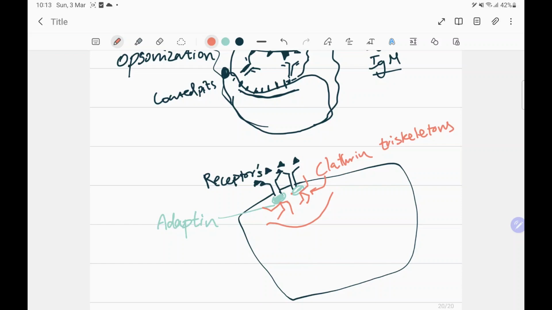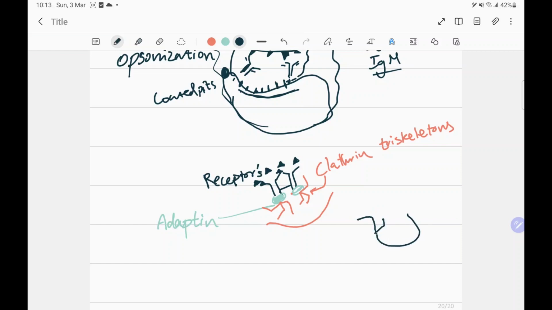So the clathrin-coated pit is formed with the help of the adaptin that's linking and bringing everybody together, and this clathrin is going to pull this membrane inwards and inwards, like a bag with a portion of it just going inwards, sinking into itself. And eventually the membrane starts to look like this, with those receptors bound to those antigens over here.